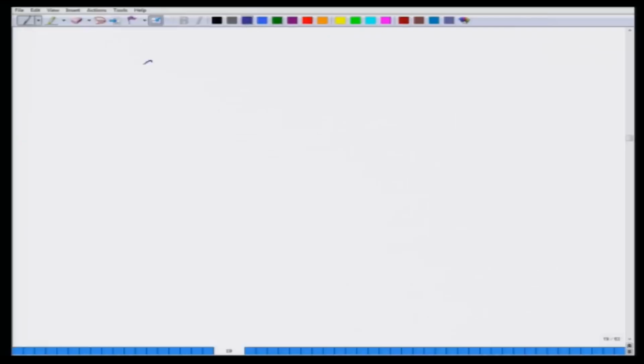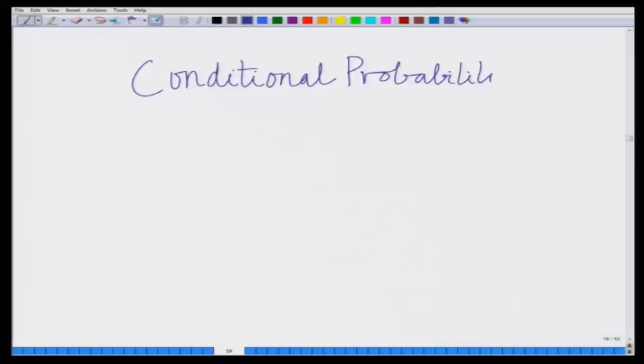So today we will start our discussion on conditional probability.